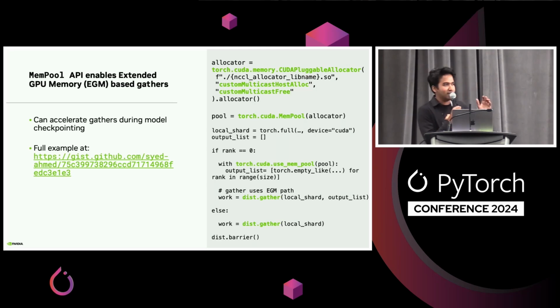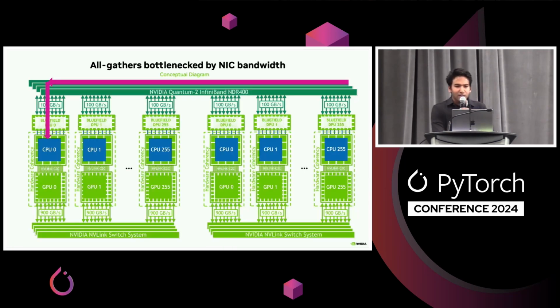For instance, here is an example that shows an extended GPU memory based all-gather. Extended GPU memory, or EGM, is a fancy way of accessing memory directly between GPUs that I'll get to in a second. Here in this code, you can see I'm using a custom allocator. I am allocating the output lists of the gather with that custom allocator, and then I just issue the gather, and then it uses the EGM path.